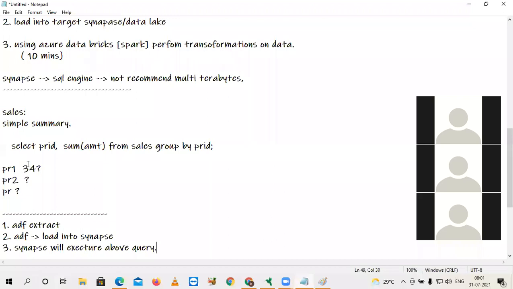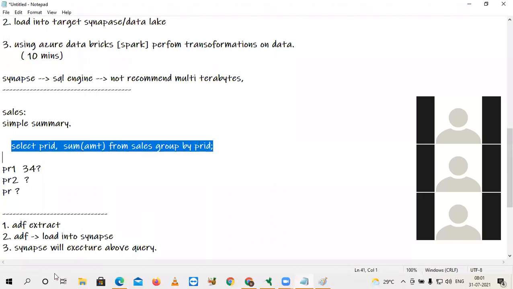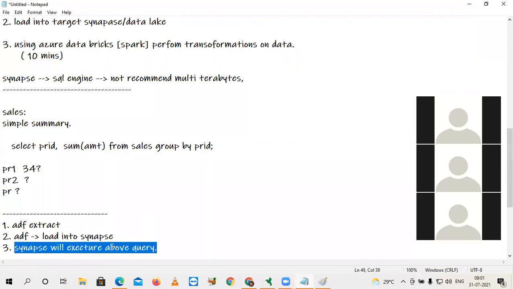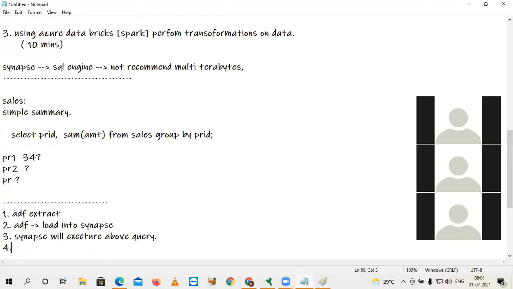That means whatever query you have given here is finally executed by Synapse. After that, a visualization tool like Power BI or Tableau, or if it is Microsoft, go for Power BI. Power BI will visualize. So this is the thing.